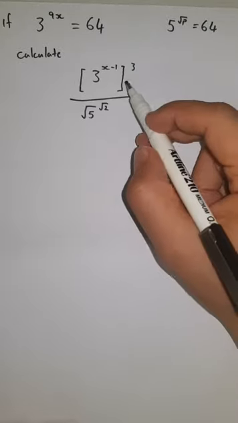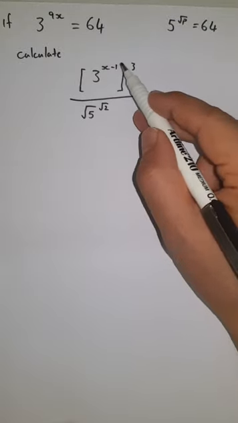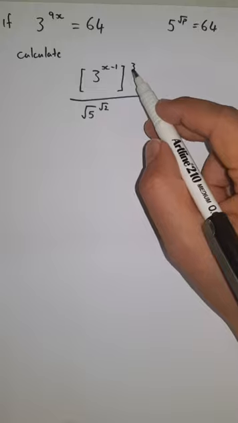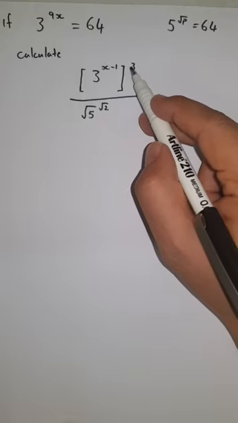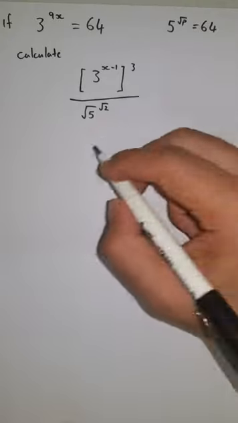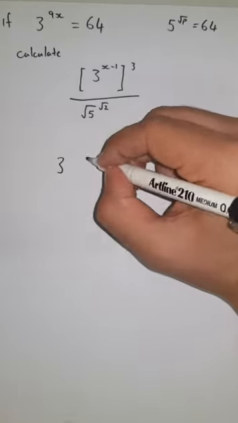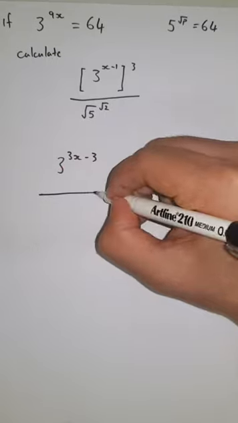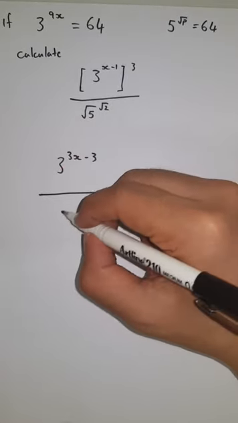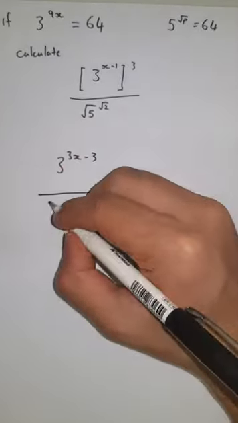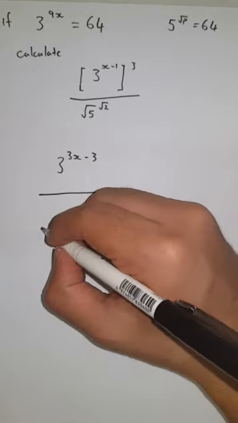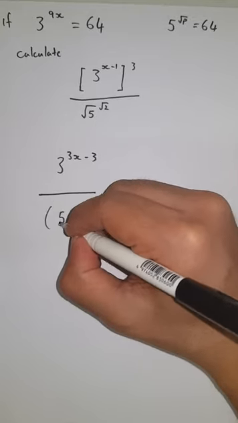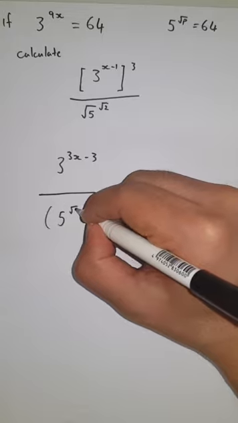So using my knowledge of indices and exponents, I'm gonna multiply that there, which should give me 3 to the 3x minus 3, and I'm going to convert that into 5 to the p.